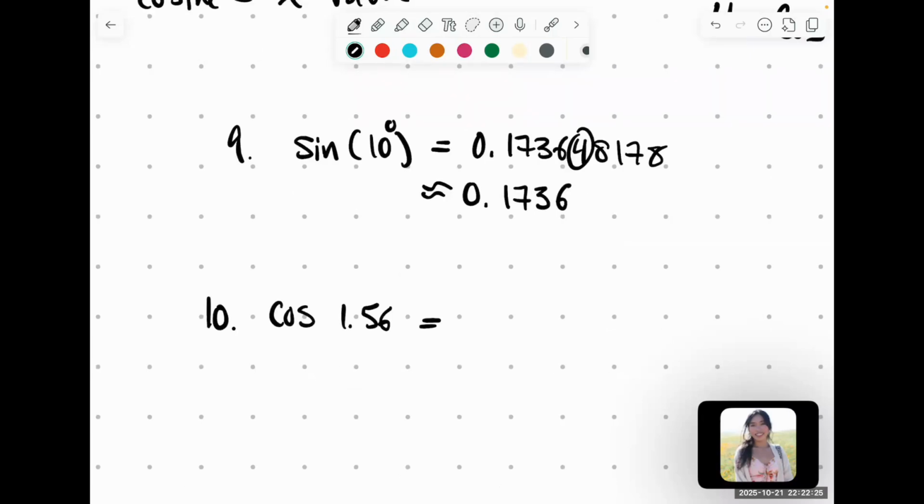Cosine of 1.56 is going to be 0.7, or we could just say 0.8.